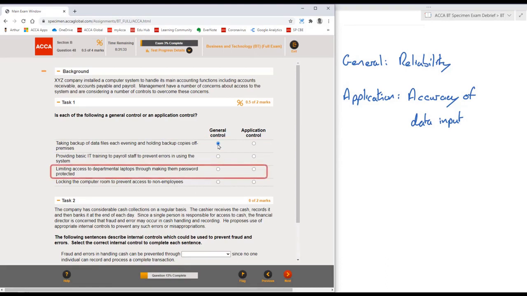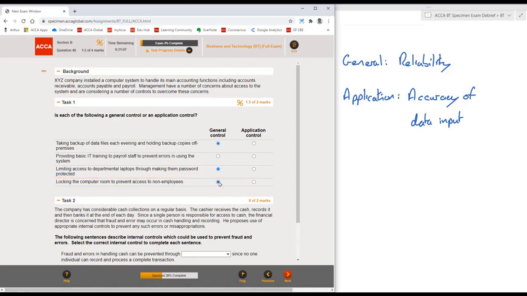Limiting access to departmental laptops through making them password protected. Again, that's around the reliability of the data. It's a prevention of access by unauthorized personnel. So again, that's a general control. Similarly, locking the computer room to prevent access to non-employees, again, is a general control.